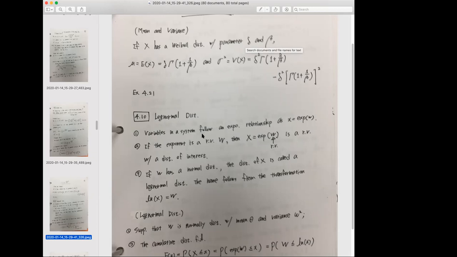So as you can see, the variables in a system follow an exponential relationship, x is equal to e to the w. So there are two random variables, x and w, and the relationship between them is x equals e to the w.